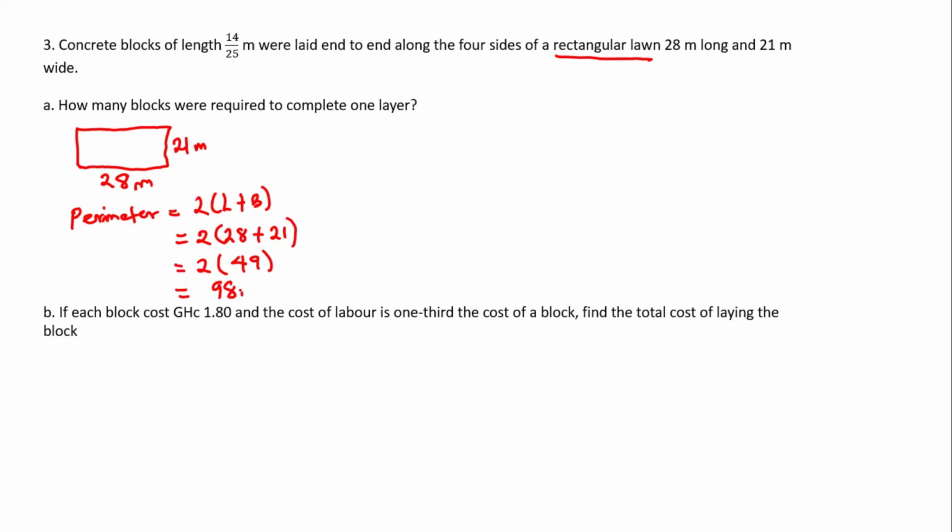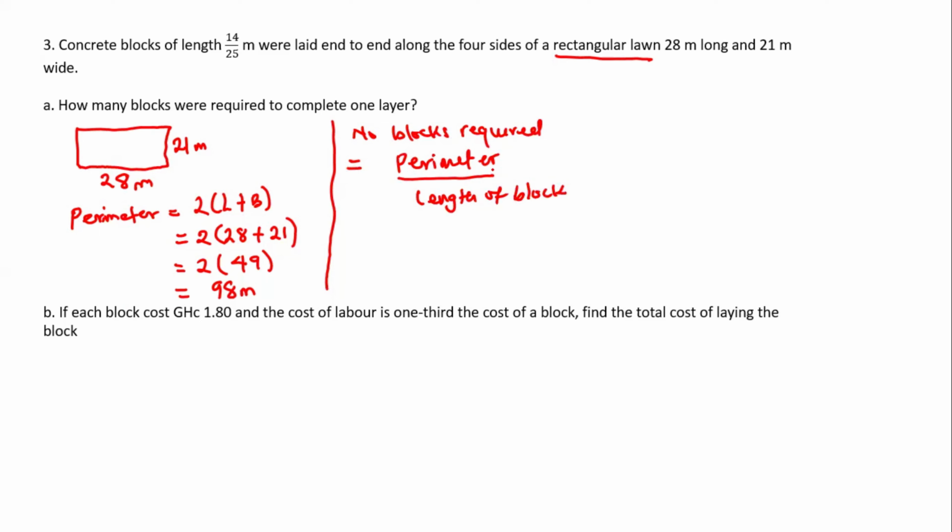So 98 meter is the perimeter of the rectangle. So the number of blocks required to complete the layer will be equal to the perimeter over the length of block.